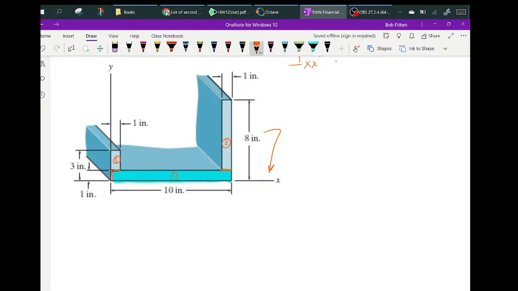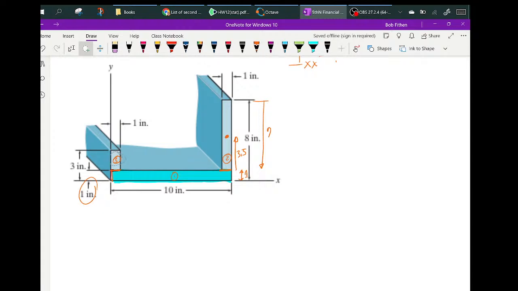So first thing I'm going to do, I'm going to identify the centroids of each of these sections. Centroid of this section is right there. This is 1 inch, so now this becomes 7 inches, so this becomes 3.5. And that means it's up 4.5.